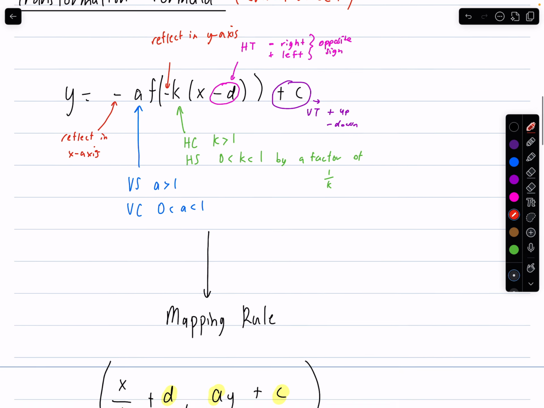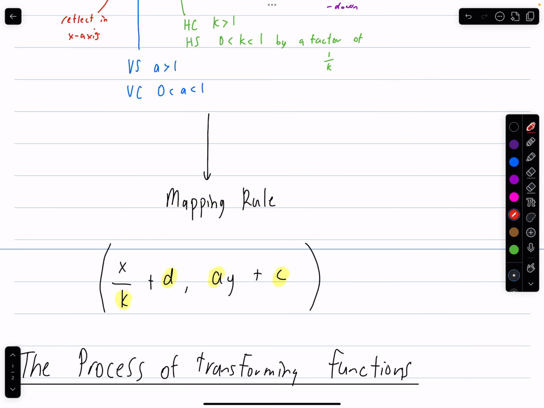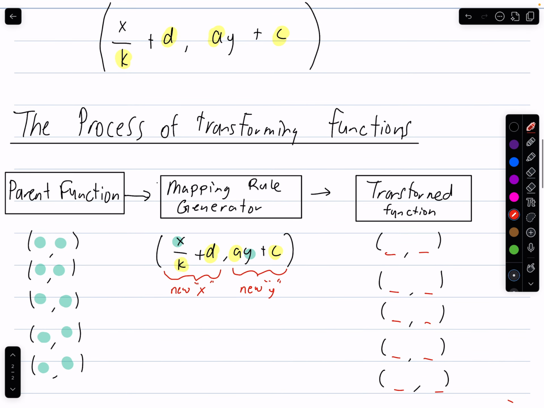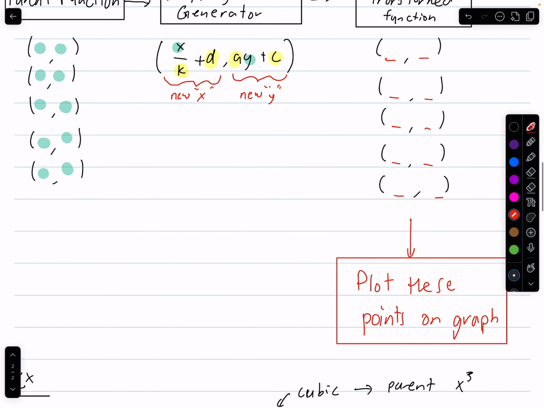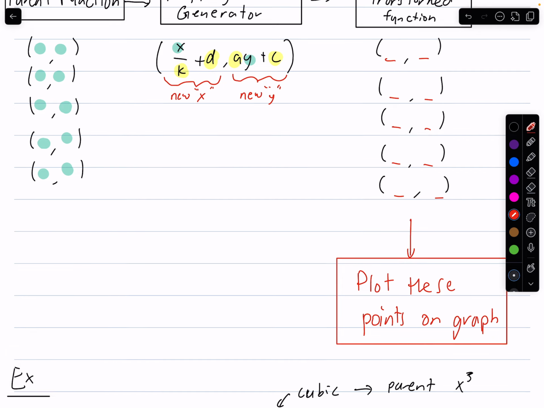Once you identify those, you can create the mapping rule generator that we're going to use to transform the parent function points into the transformed function points. Then we follow this systematic process. Have the parent function points, plug them into the mapping generator, and we get our new x and our new y, which is our transformed function. From there, we plot these on the graph, and there you got it. You got your transformed function.